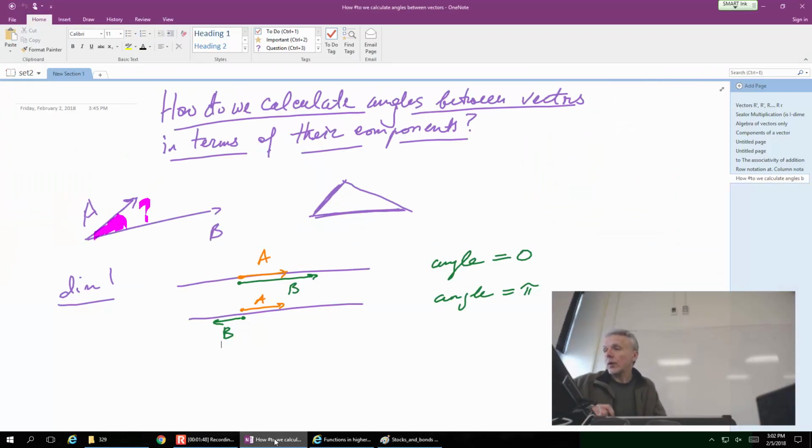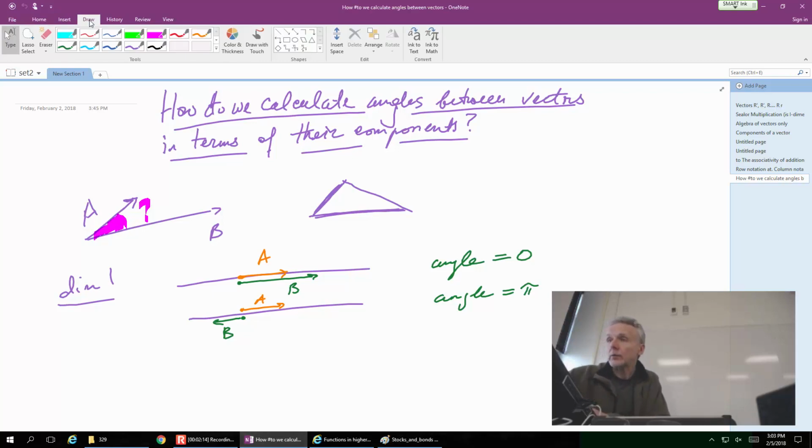Okay, so we started looking at the angles between vectors in terms of the components, and the first look is one-dimensional, which suggests what we're supposed to look at, and that is the components of the vectors. But ultimately the magnitude of the vector doesn't matter, only the directions that we are concerned with.